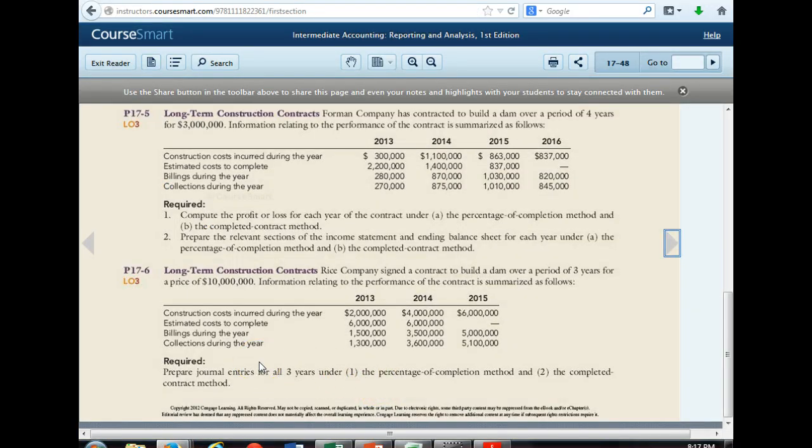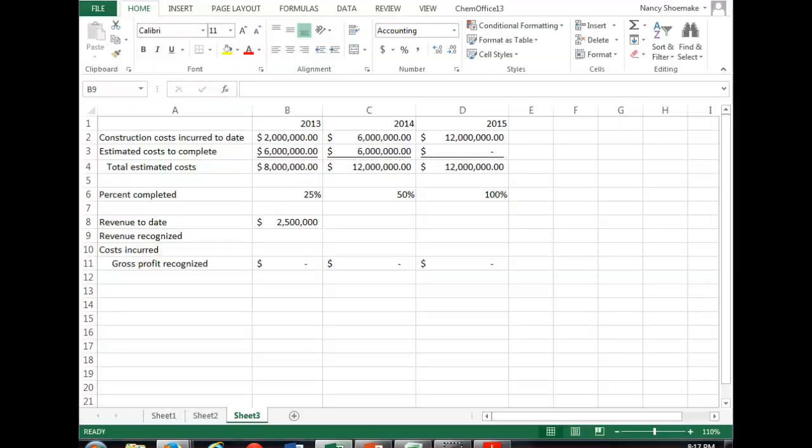Billings during the year, collections received during the year. So the amount recognized is based on the cost. So in this year we recognize $2,500,000.